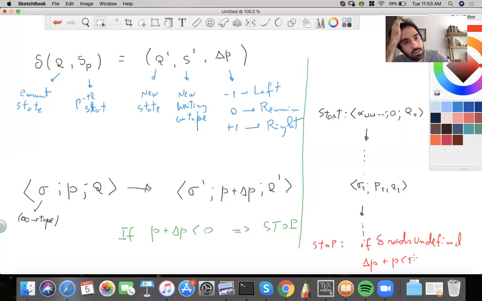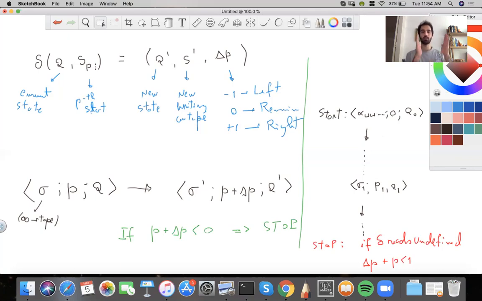But they can execute this dull transition function here, which is you take the state, you take whatever is written on the tape element you're looking at, you output a new state, you output a new writing on the tape element you are at, and you move either to the left, to the right, or you do nothing. So you just mechanically move this tape around until delta reaches an undefined value. You get to a point where it doesn't make any sense what the delta function is outputting, and then you stop, you just halt.